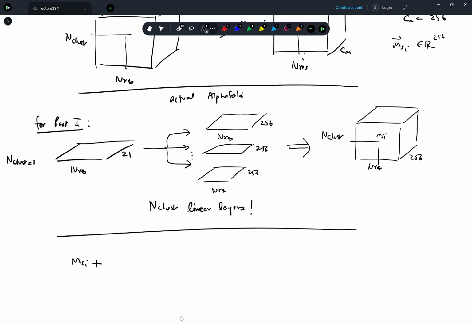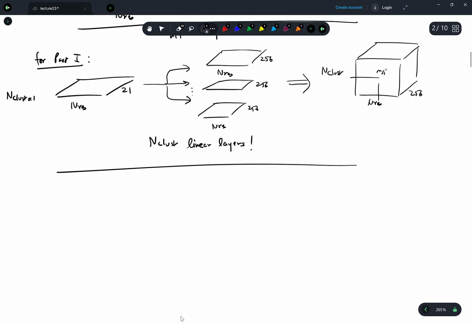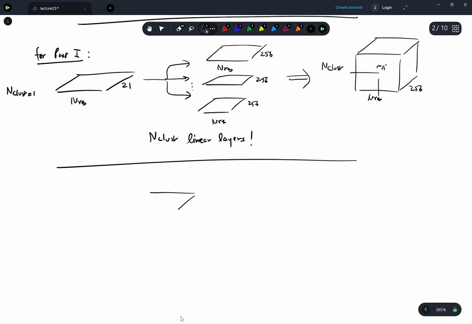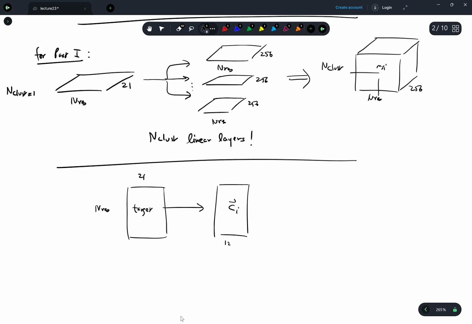I want to take my target. The target is nres by 21. First I project this to what I call CI, which would be 128. Oh no, this time it has to be 256 to match the MSA. So this is nres.